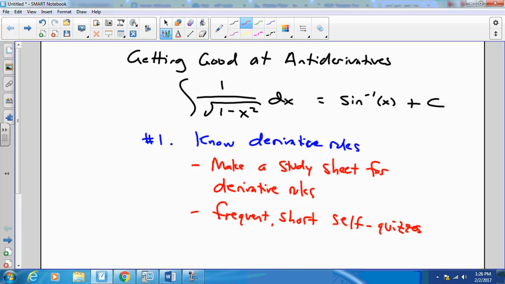How many of you play a sport of some sort? When you play a sport, every day before practice starts, you do some kind of stretching, some kind of calisthenics, right? You do that because you want your muscles to be toned. In the same way, you want your derivative rules to be toned so that they are right on. Because you never know when a calculus teacher might pop out of the dark alley and ask you the antiderivative of 1 over root 1 minus x squared dx.